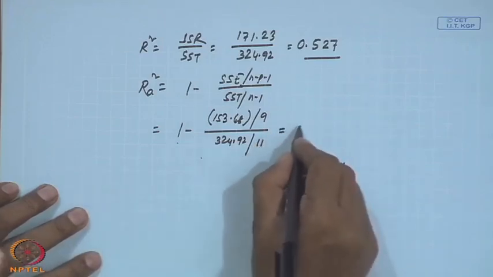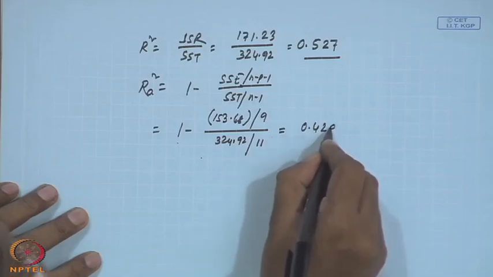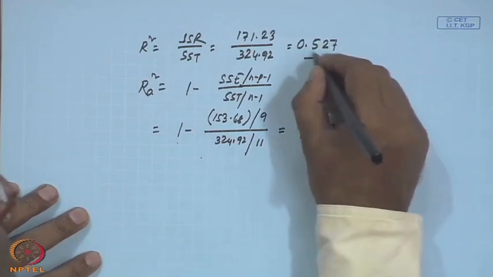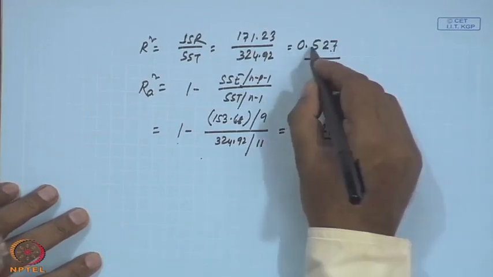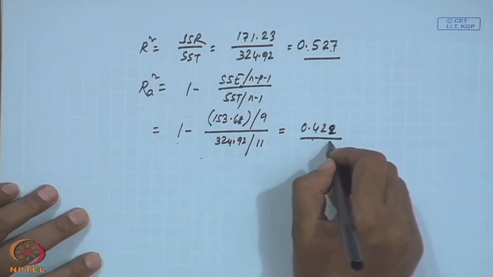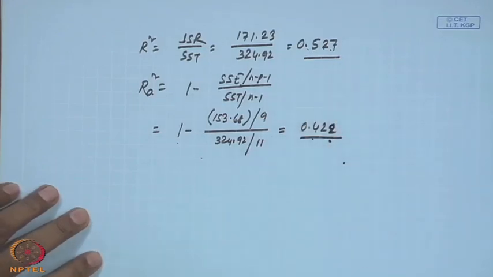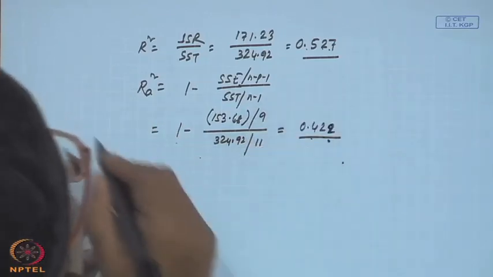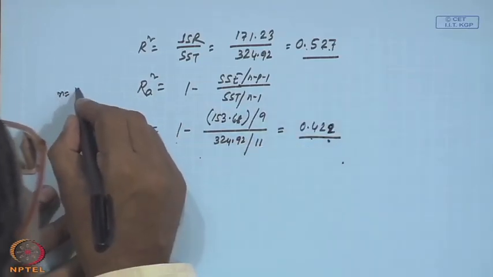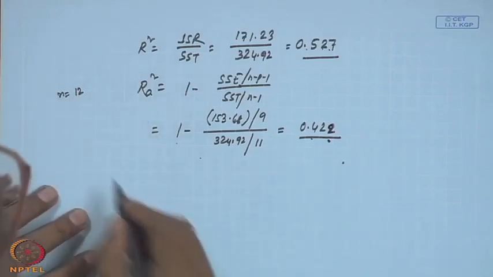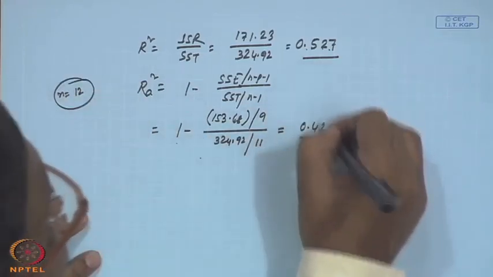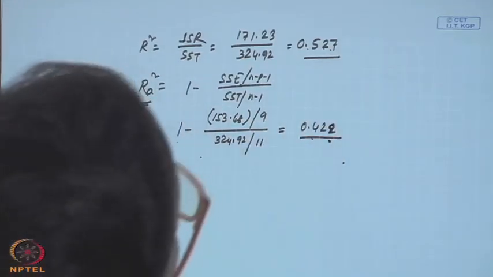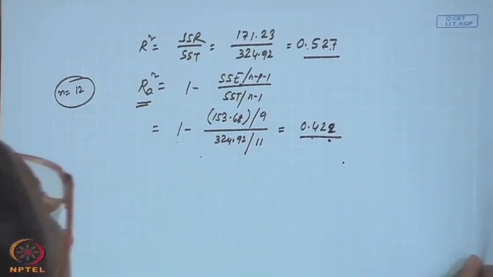And this quantity is 0.422. So, from 0.527 to 0.422, I think it is a reasonable change. This is because your n is only 12. R square drastically changed to 0.42 from 0.527. Okay.